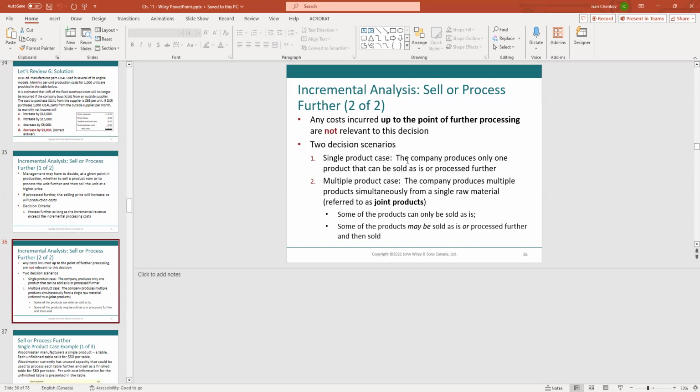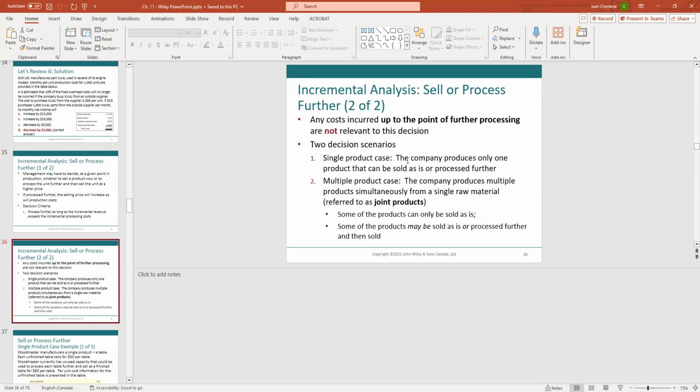There are two scenarios. The first scenario is the single product: the company produces only one product that can be sold or processed further. The other is multiple products: the company produces multiple products simultaneously from a single raw material, which are referred to as joint products.